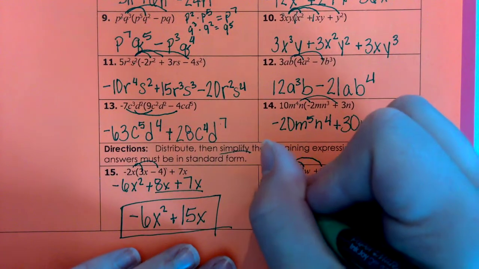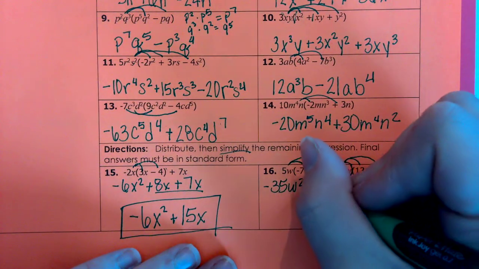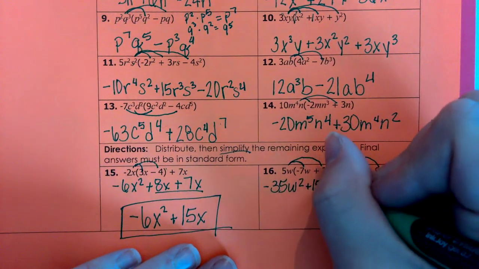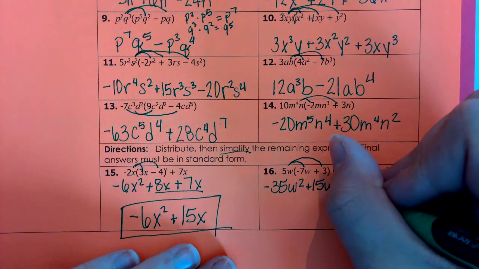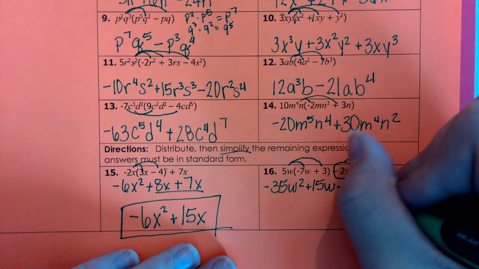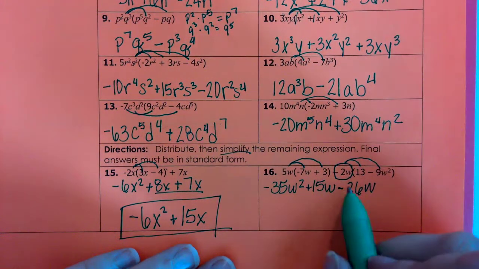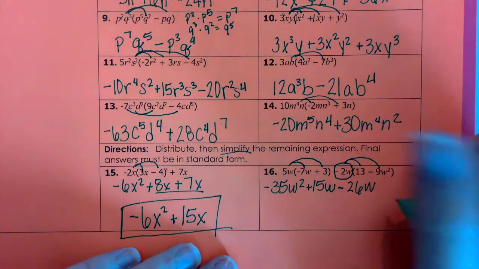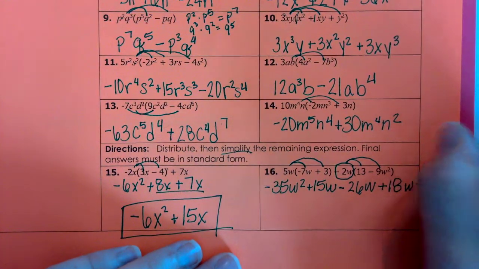My first parentheses gives me negative 35w squared plus 15w. Negative 2w times 13 gives me negative 26w. Then negative 2w times negative 9w squared gives me a positive 18w cubed.